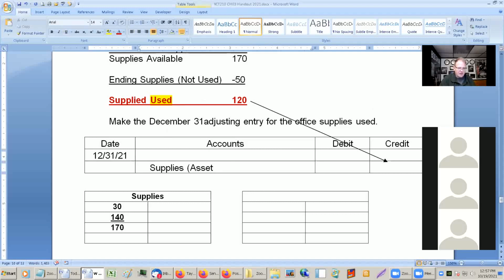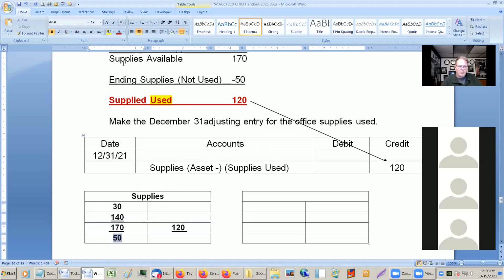And again, this is for what was the amount used. So notice when we put this in down here, the credit, this will end up with the 50 for our ending.